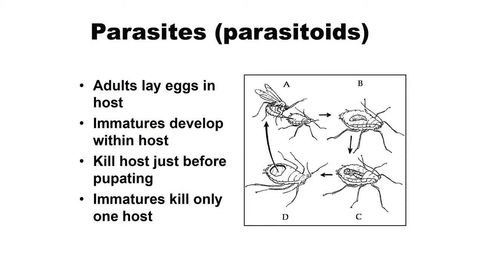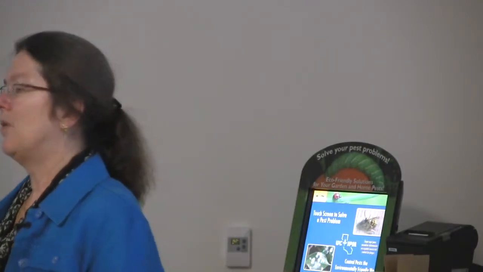And then when it's ready to emerge as an adult, it cuts a hole open and emerges, mates, and then goes on laying eggs in more aphids. And even though this one only killed one aphid, the female wasp that might come out of there may lay eggs in 200 aphids. And the life cycle is often not much more than a week.